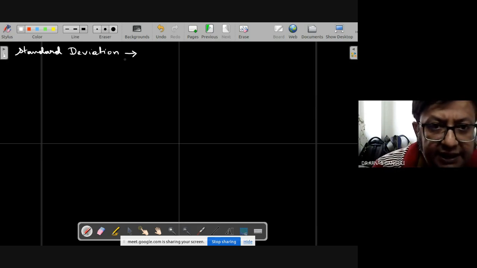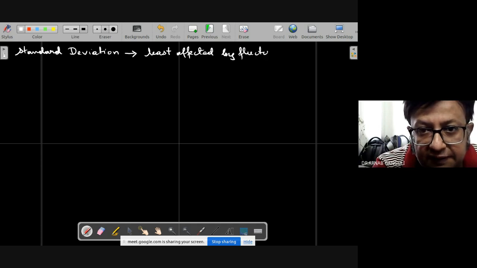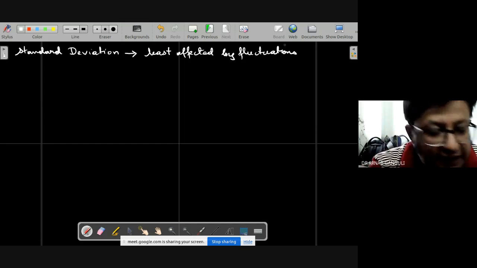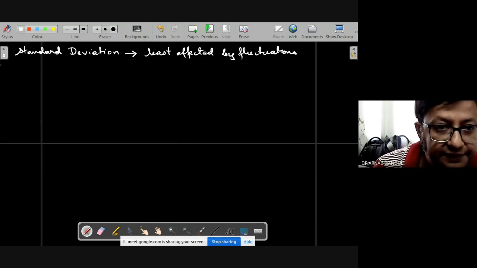And it is least affected by fluctuations. It is also known as the root mean square deviation.